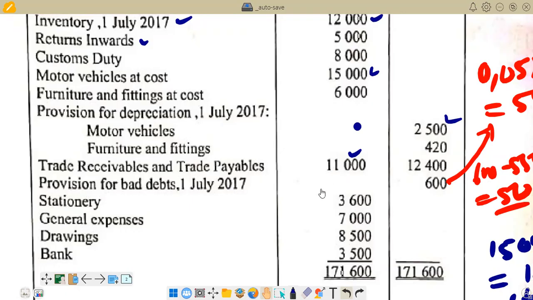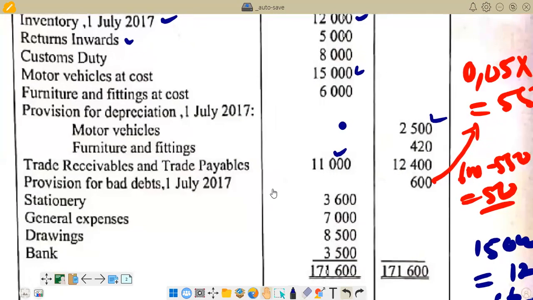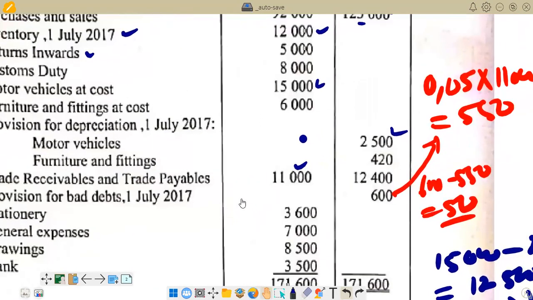What we are also going to do is subtract the figure for provision for bad debt that we calculated for the year. The balance for provision for bad debt that we calculated for the year, we subtract it from the figure for trade receivables in the balance sheet. So the balance that we got is 550 for the year for provision for bad debts. We are going to subtract it from 11,000 to get the net figure for trade receivables. So we go there.